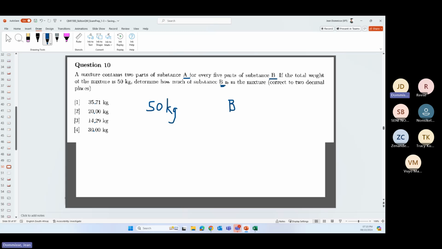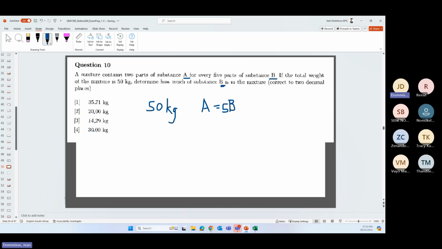The mixture contains 2 parts of substance A for every 5 parts of substance B. So this is again where my English sometimes fails me. So is A equal to basically 5 parts of, or is it the other way around?